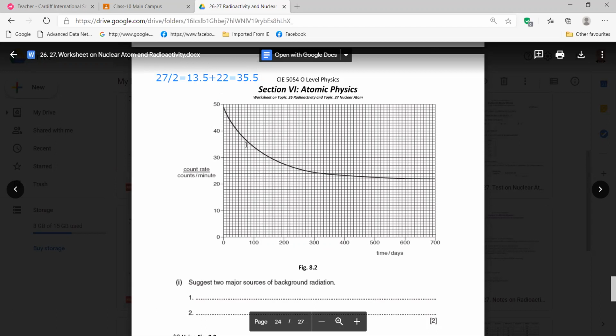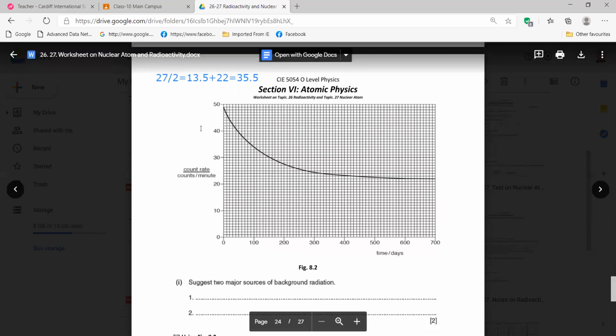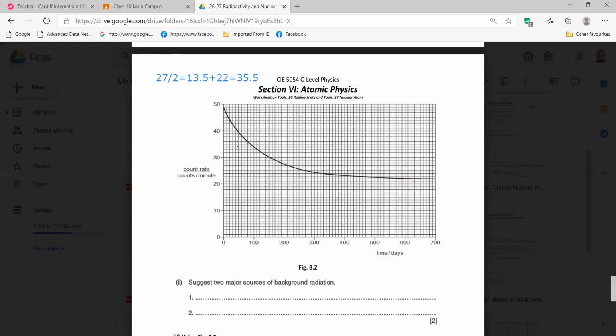Now, as this graph solely includes the background count, we add 22. It's coming to 35.5. Now we'll check where 35.5 comes on the graph. That is our half-life.